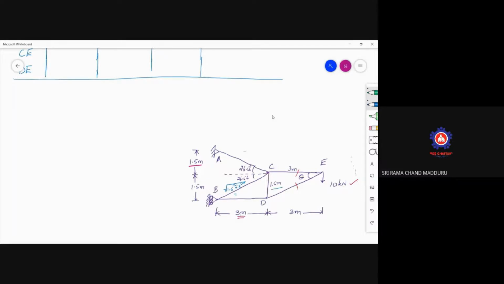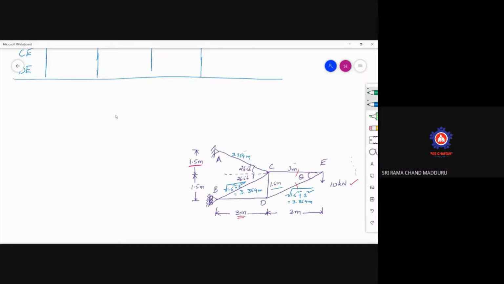This is 3.354 meters. Accurately, we'll write down up to 3 decimals. So this is 3.354 meters. This is also 3.354 meters.